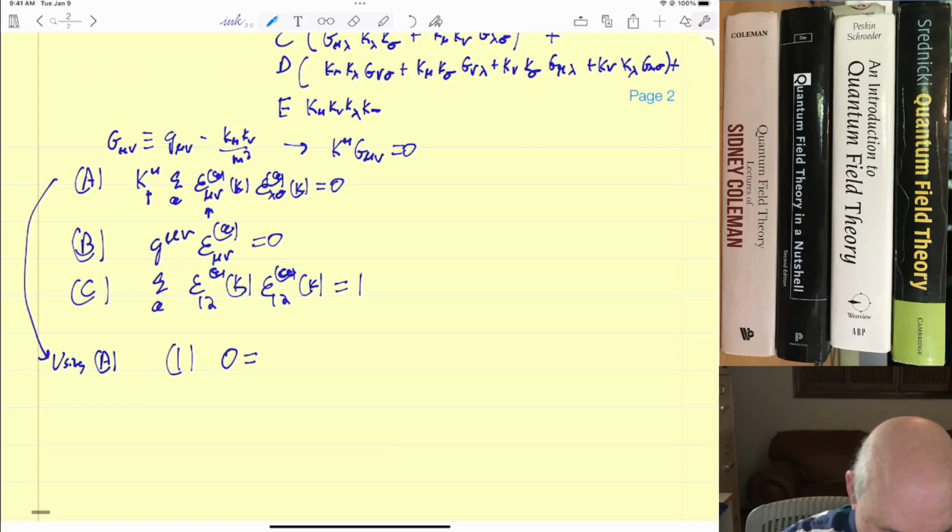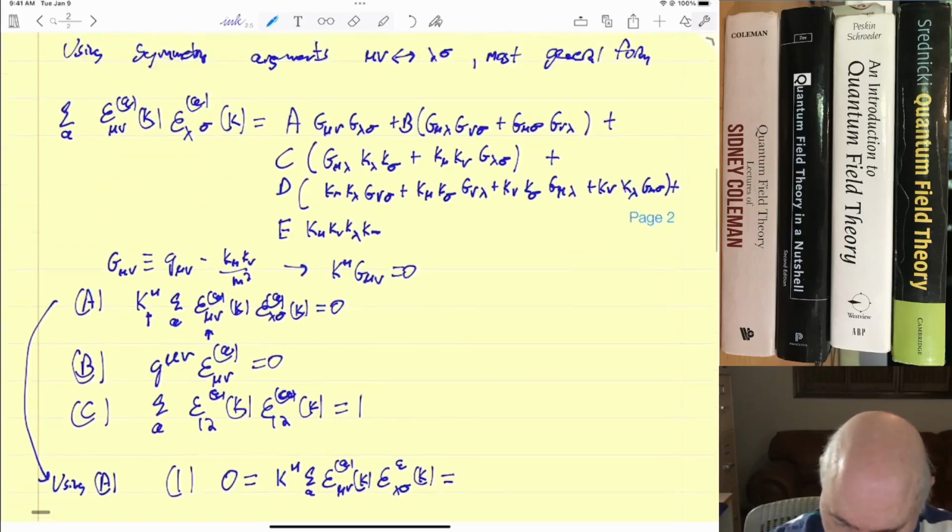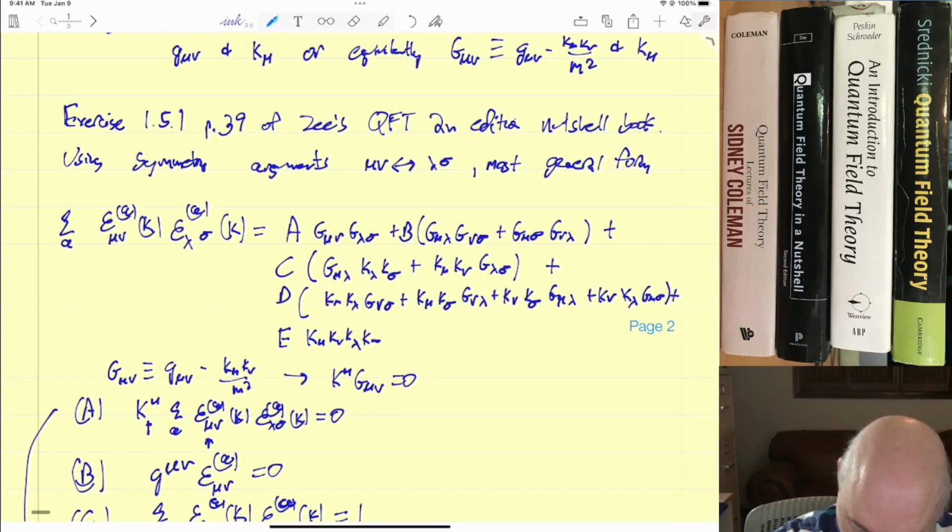So 0 equals k mu sum over A epsilon A mu nu k epsilon A lambda sigma k. Now what does this do? Let me put this whole thing in a box.